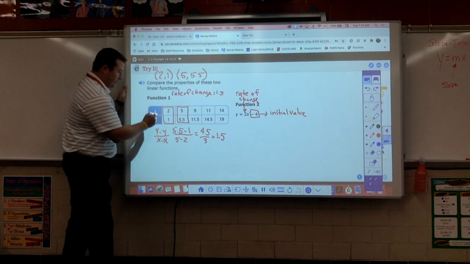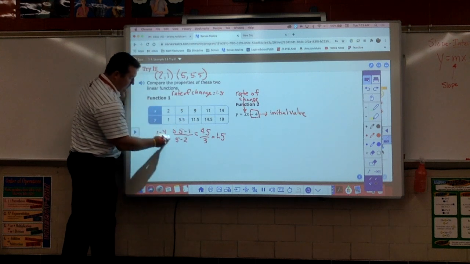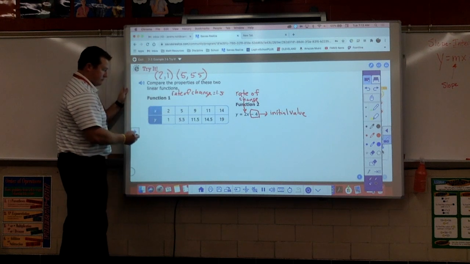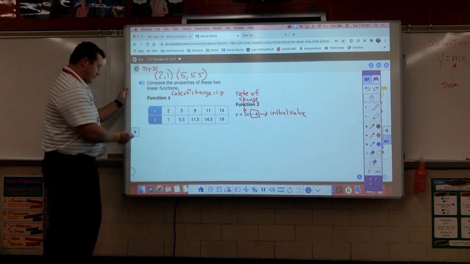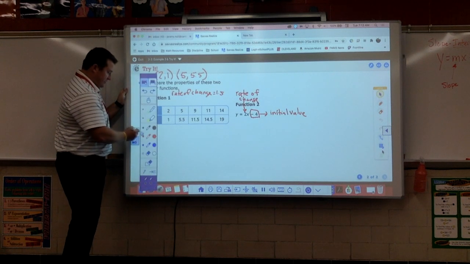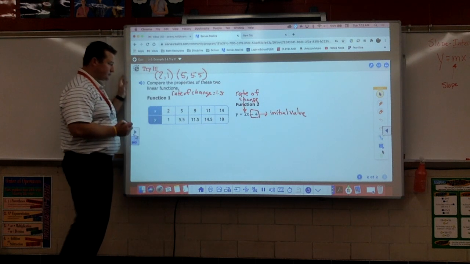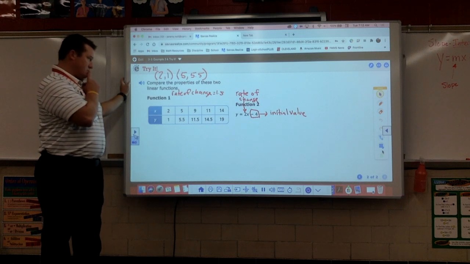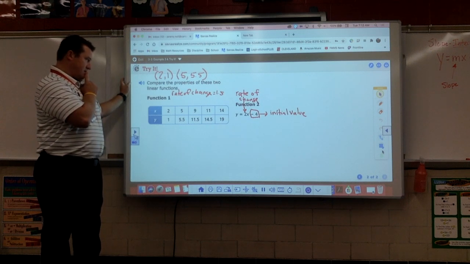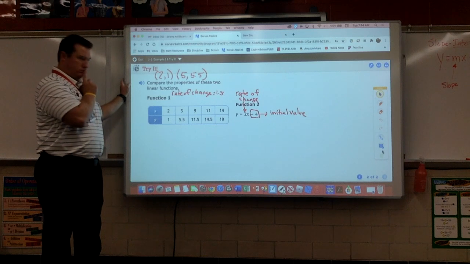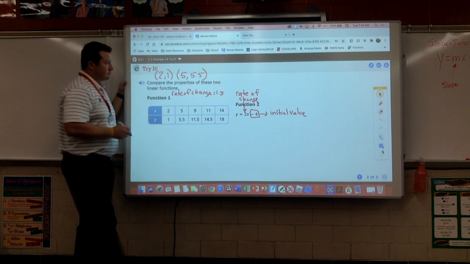All right, I've got to get rid of some stuff here. We just need to figure out now, where does function A start? It doesn't tell me. Think about it this way. Remember, for each x value, the y value goes up 1.5. So if the x value went down 1, the y value would go down 1.5.